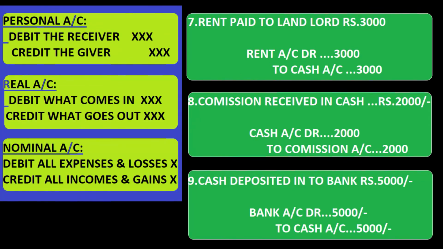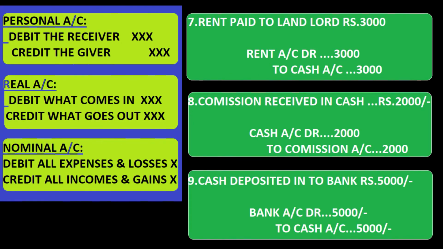So rent account debtor 3000. Cash is a real asset, it belongs to real account. Cash went out of the business. So as per real account rule, credit what goes out. Credit the cash account. The entry becomes rent account debtor 3000 to cash account 3000 rupees.